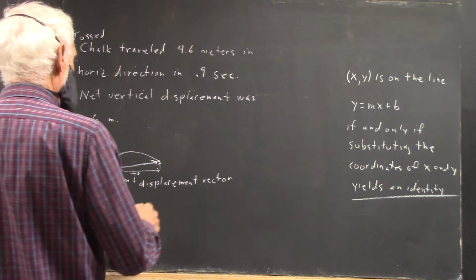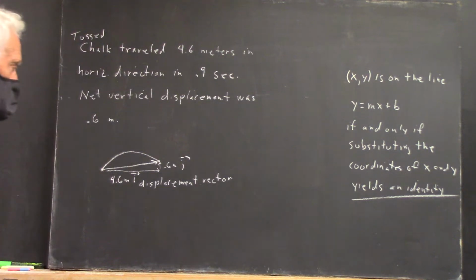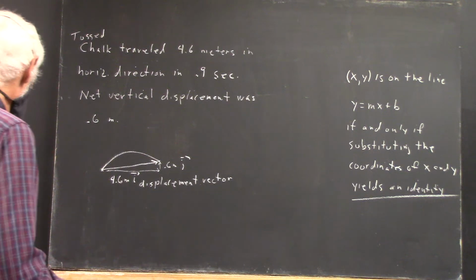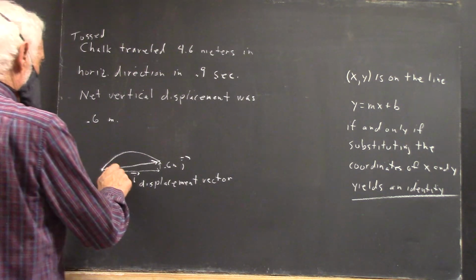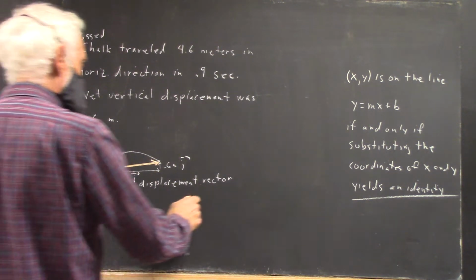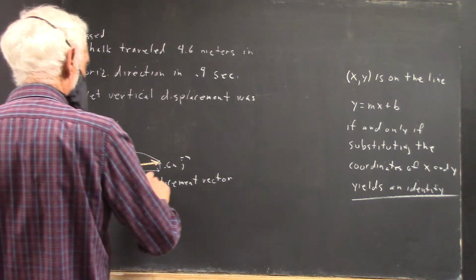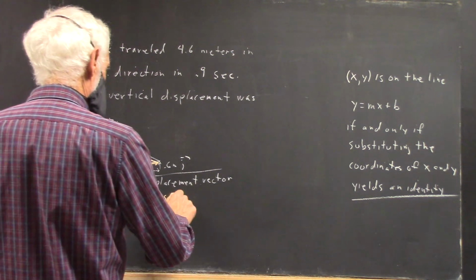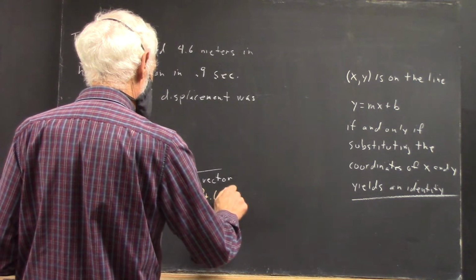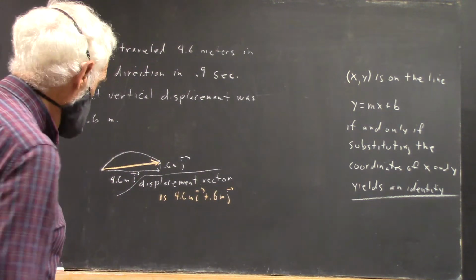So you got 4.6 meters I, 0.6 meters times J. So this vector that I'll color code in orange. Okay, the displacement vector is 4.6 meters times I plus 0.6 meters times J.